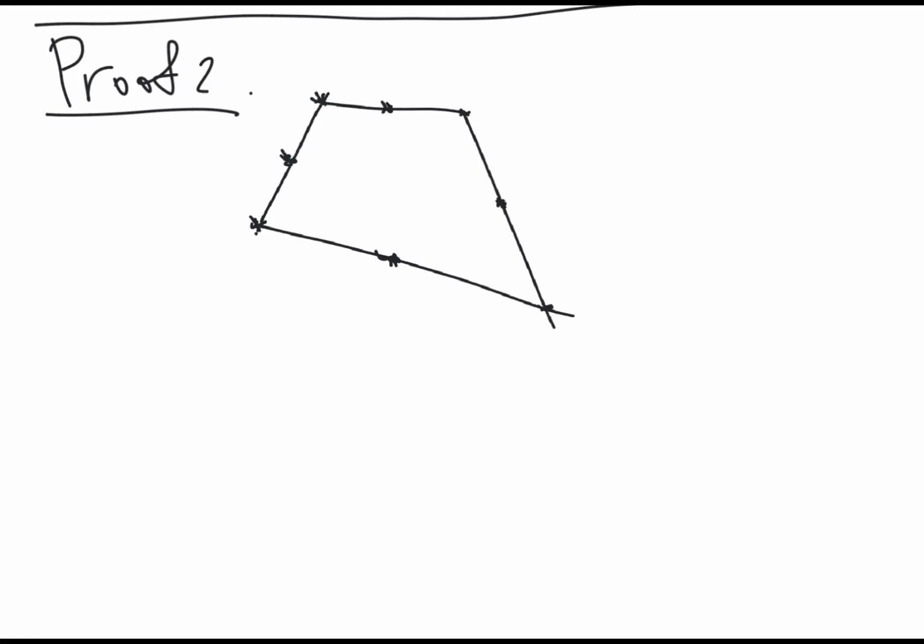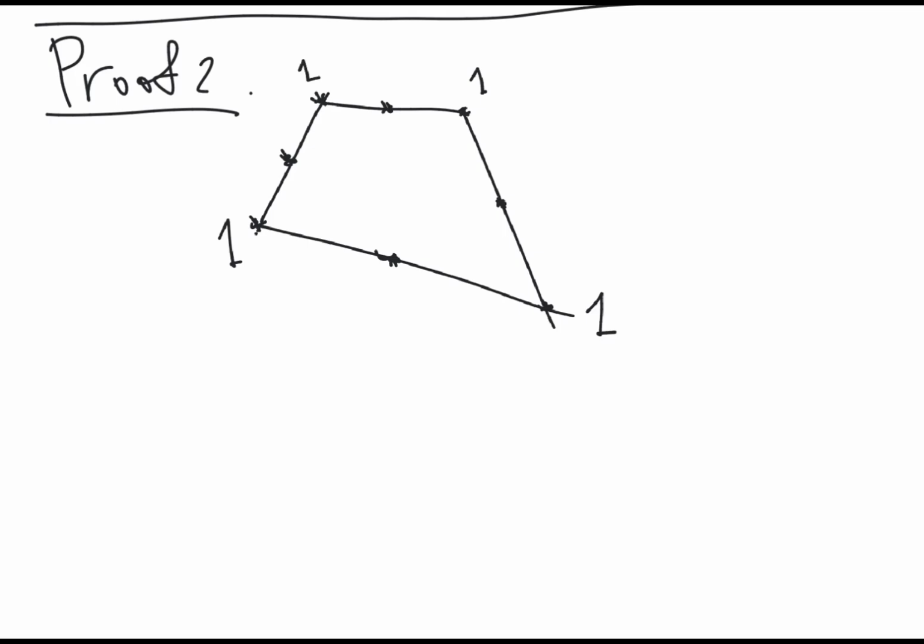So here, let's put masses 1 in each vertex of the quadrilateral, right? And we are going to search for the center of mass of these 4 points. Calculating it in 2 different ways, we will obtain the result.